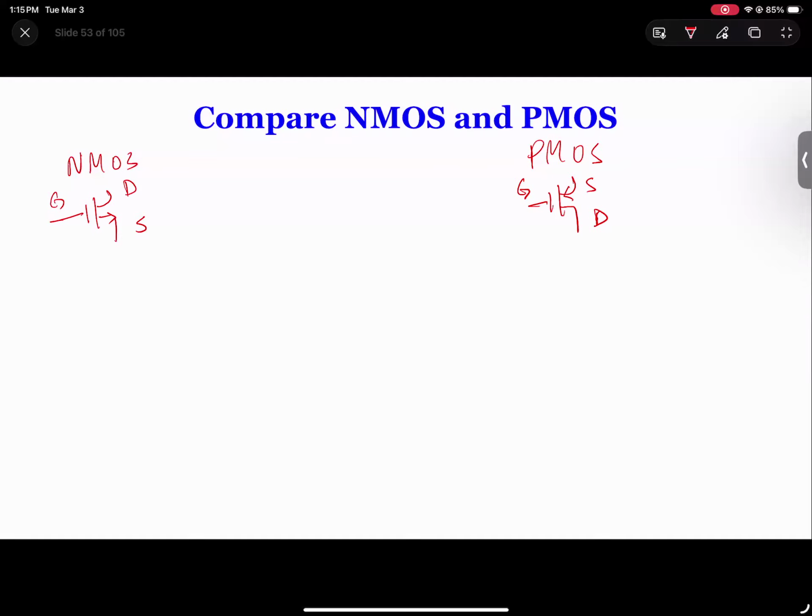It's like flipping a meatball, the NMOS together with PMOS. Then we have the off mode, the cutoff region.